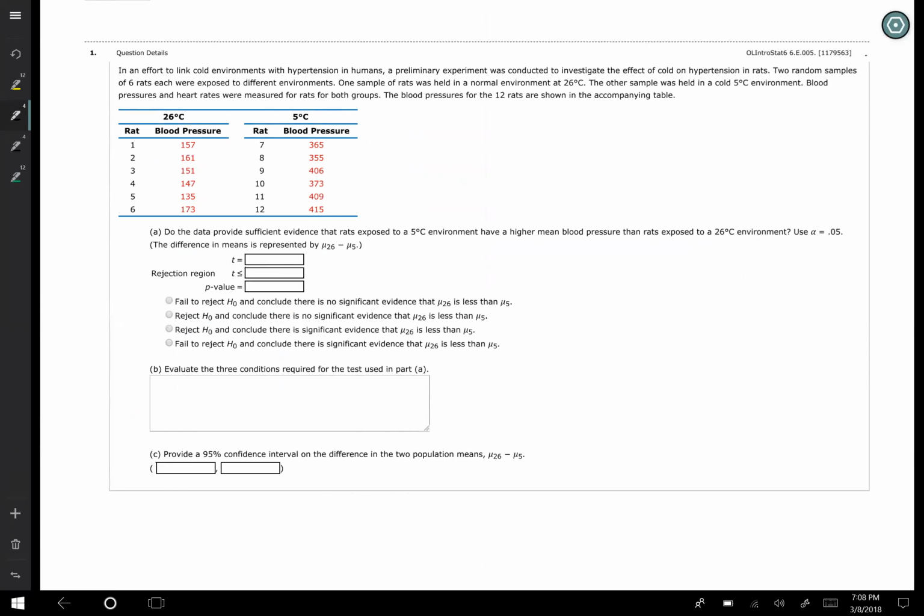Okay. Yeah. So in this problem, we're testing two population means. WebAssign, the way they set up some of these problems, they're not necessarily explicit about what the null and alternative look like. They might assume that you know.